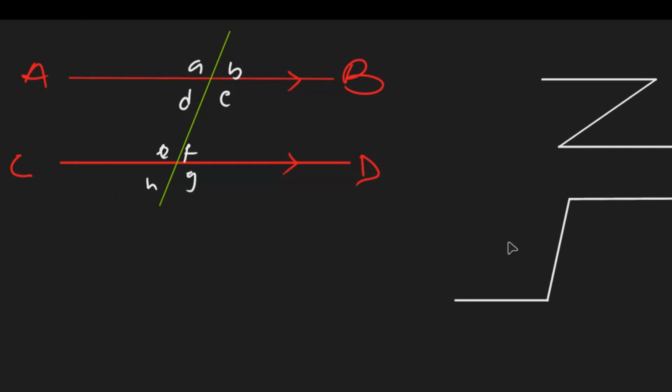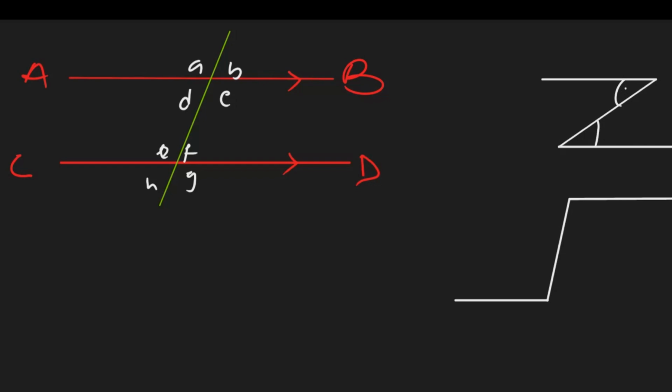We're going to talk about the next one, that is going to be alternate angles. Alternate angles form a Z shape. Like these two shapes, it can be of this form or of this form. So the Z shape can be this, it can also be that. And how do we get the alternate angles? The angles intercepted here, this angle and that of that, these are the alternate angles.